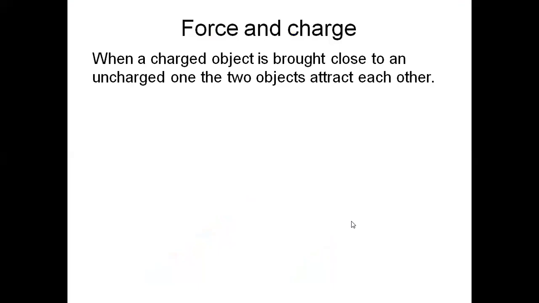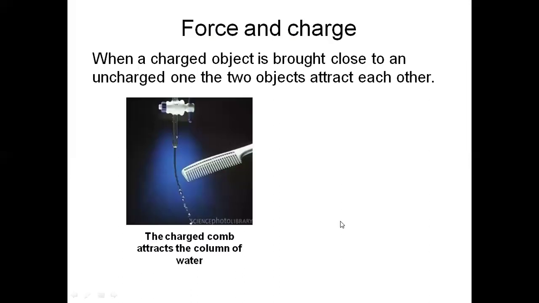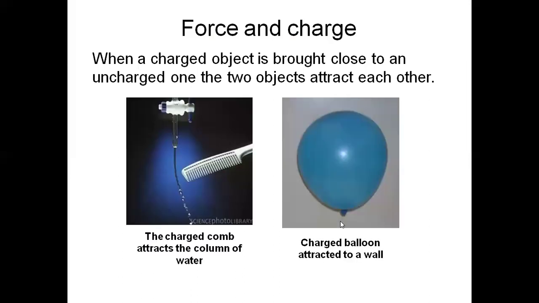So when a charged object is brought close to an uncharged one, the two objects attract each other. You can see the rubbed comb can attract the water towards it. In the same way, the balloon, which is charged during the friction, is attracted towards the wall.